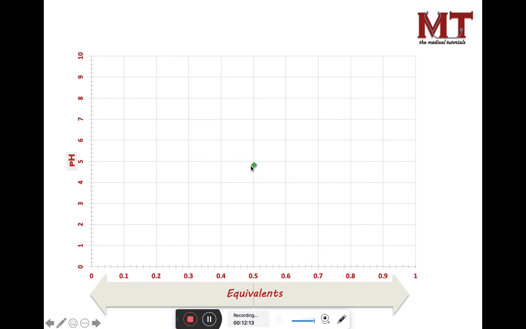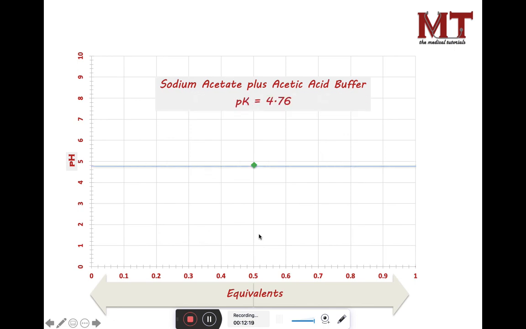Let us suppose this buffer has a pK value of 4.76. For example, sodium acetate plus acetic acid buffer, or simply the acetate buffer, has a pK value of 4.76. So initially the pH of the medium is 4.76, which is equal to its pK value. Now we add an alkali from outside.